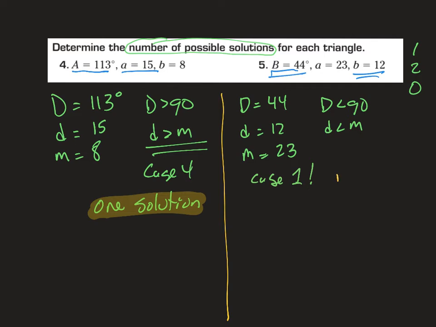So we have to compute m times sine of D. So for me, that would be 23 times sine of 44. And we've already computed that here, so let me just write down what I came up with. For me, that came up with approximately 15.9. So there's my calculation for the height, and my 12 is less than that. My d is less than 15.9.